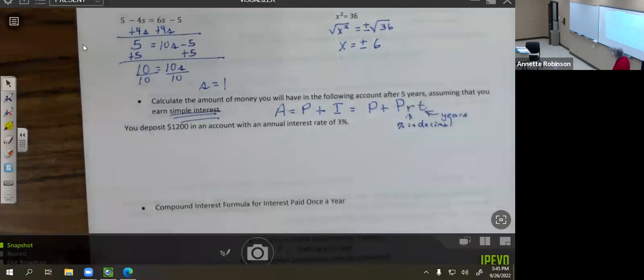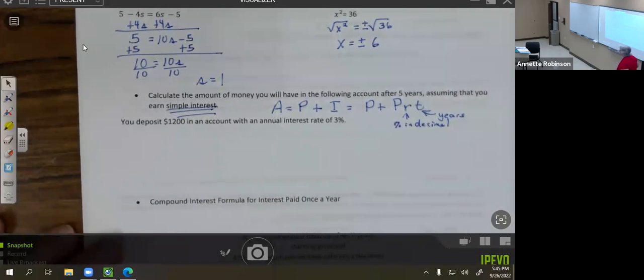So if they give you 18 months, that's 1.5 years, a year and a half. All right, so this is your simple interest formula.